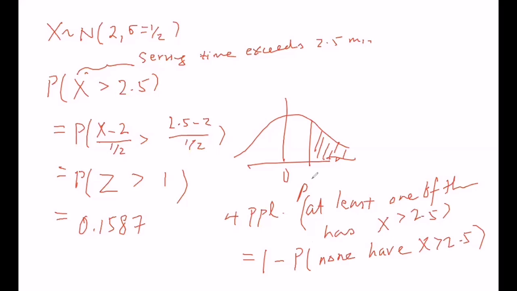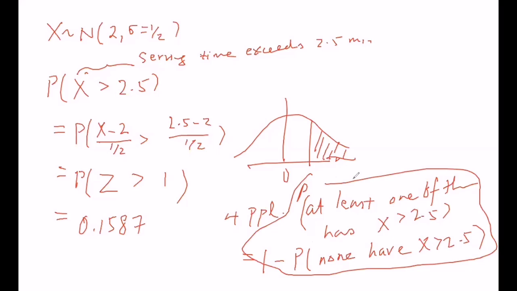If you use the complementary event, then this probability is easy to calculate. None have x greater than 2.5 means all of them are below 2.5, so z below this, raised to the power of 4.